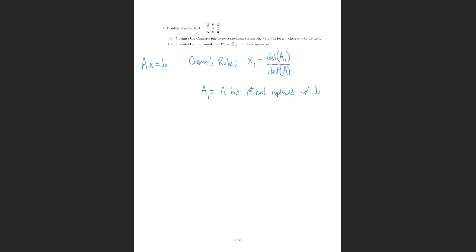So for this problem, to get the solution using Cramer's rule, X1 would have been: I'm going to take A, but replace the first column with B, which was 0, 0, 1, okay? And then I'll copy down the rest of A as it was. So it'll be that over the determinant of A.